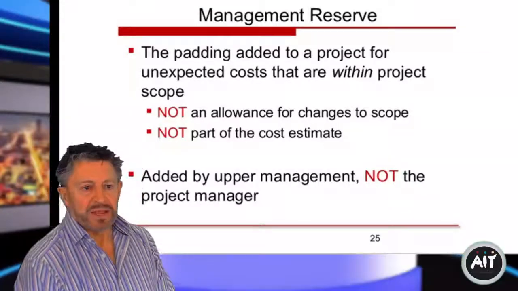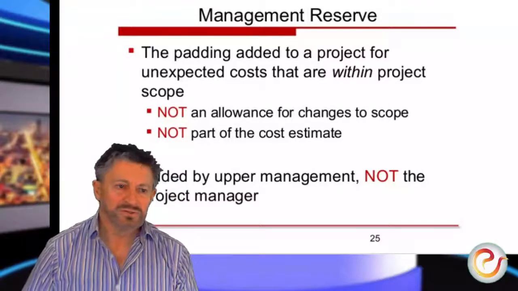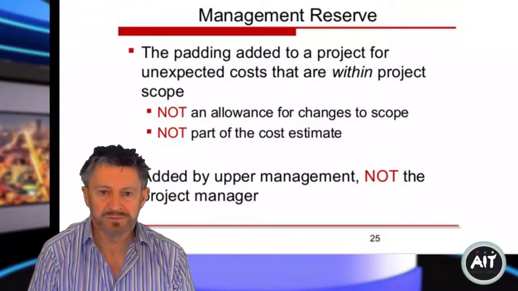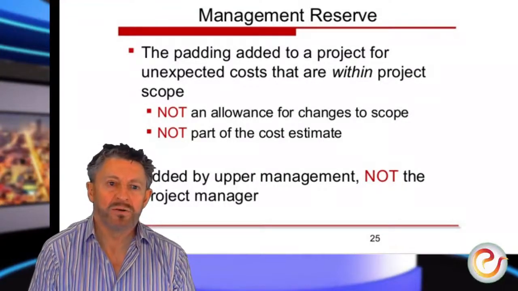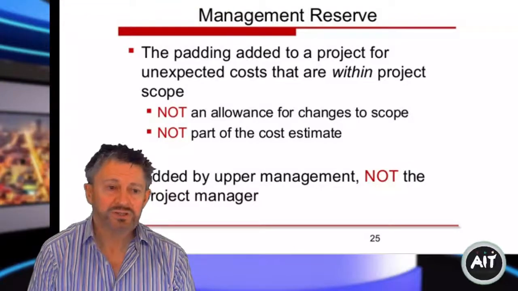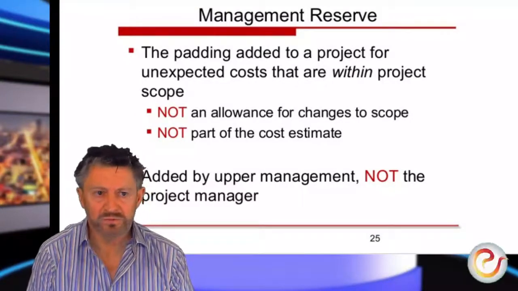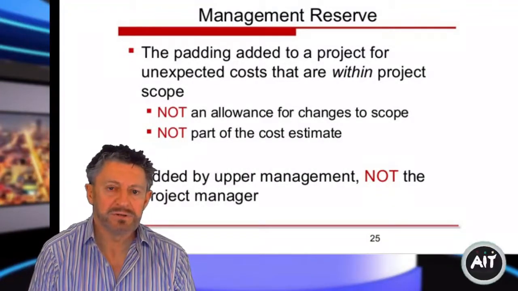So the padding added to the project for unexpected costs is within the project scope. So not an allowance for changes to scope, not part of the cost estimate. As we say, we put in this additional padding or headroom just in case something could go wrong, and that's why we look at this management reserve. So it's not part of the estimate, the cost estimate.